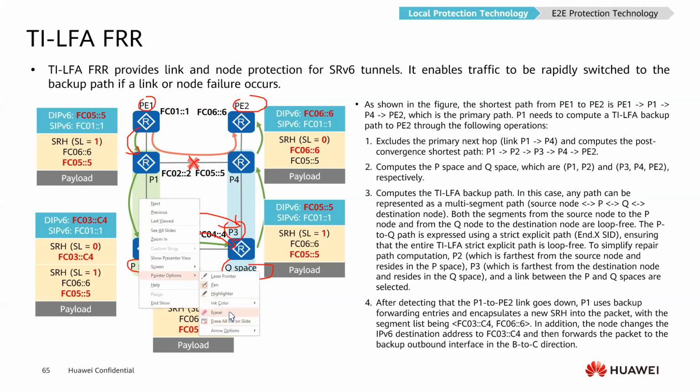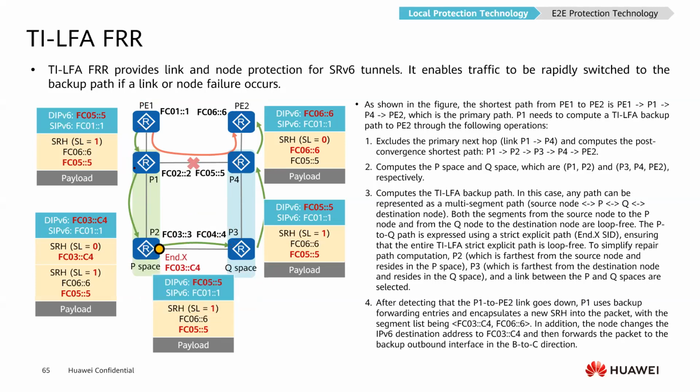So P1, before sending out, will encapsulate an additional SRH header with FC03:C4, which is this interface. So when P2 receives this packet, based on this, P2 knows I should send the packet out from this interface to the next device.